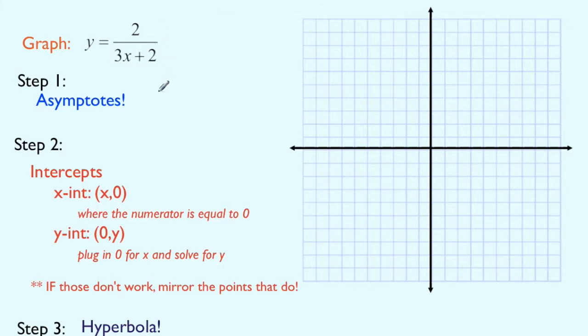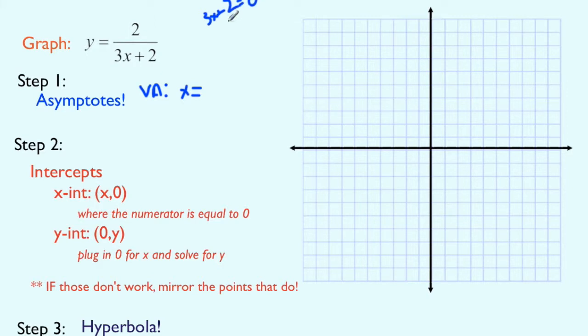As usual, we start with our asymptotes. Our vertical asymptote is still wherever the denominator is equal to 0. So 3x plus 2 equals 0.